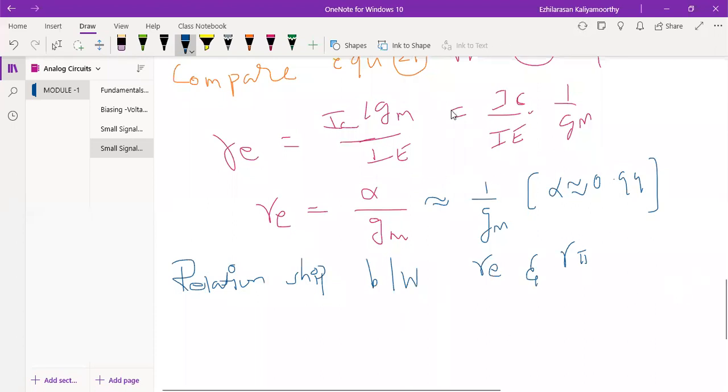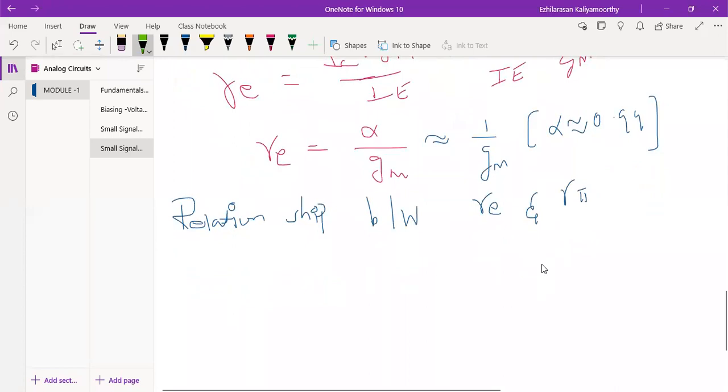Already we know the expression. We can go back to RE and R pi, or we can write it if you want. We can recollect this. R pi is nothing but VBE divided by IB. Then RE is nothing but, just now we got, VBE divided by IE.